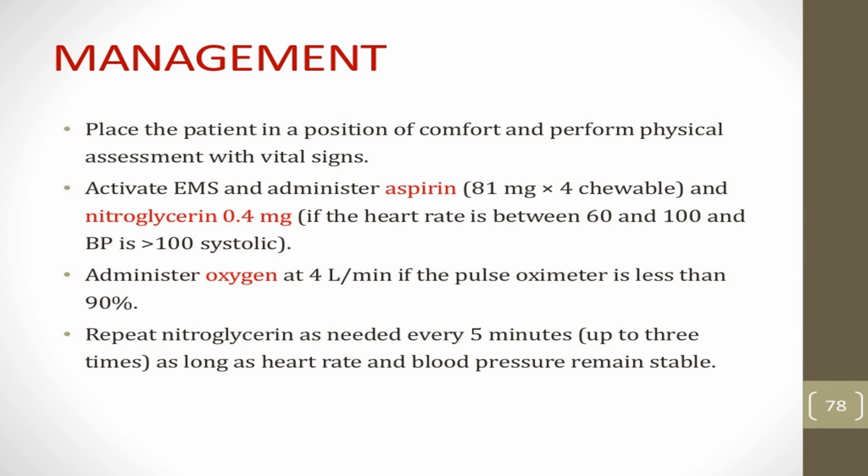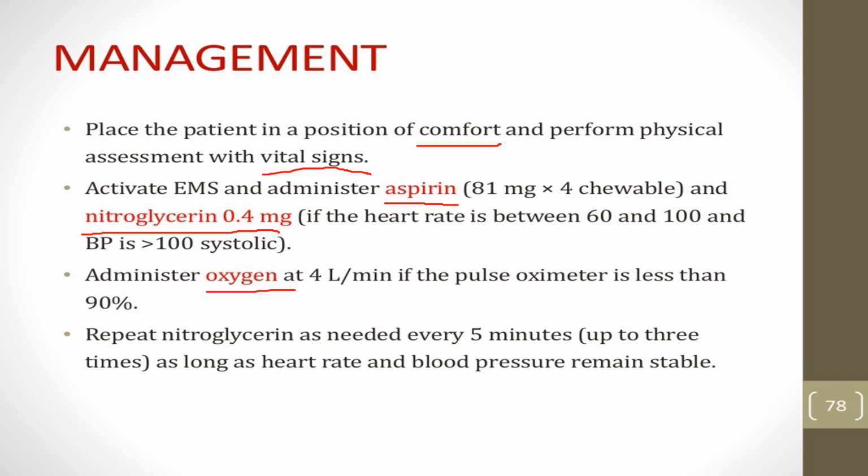Management: place the patient in a position of comfort and perform physical assessment with vital signs. Activate EMS and administer aspirin, 81 mg times 4 chewable, and nitroglycerin 0.4 mg, if the heart rate is between 60 and 100 and BP is greater than 100 systolic.